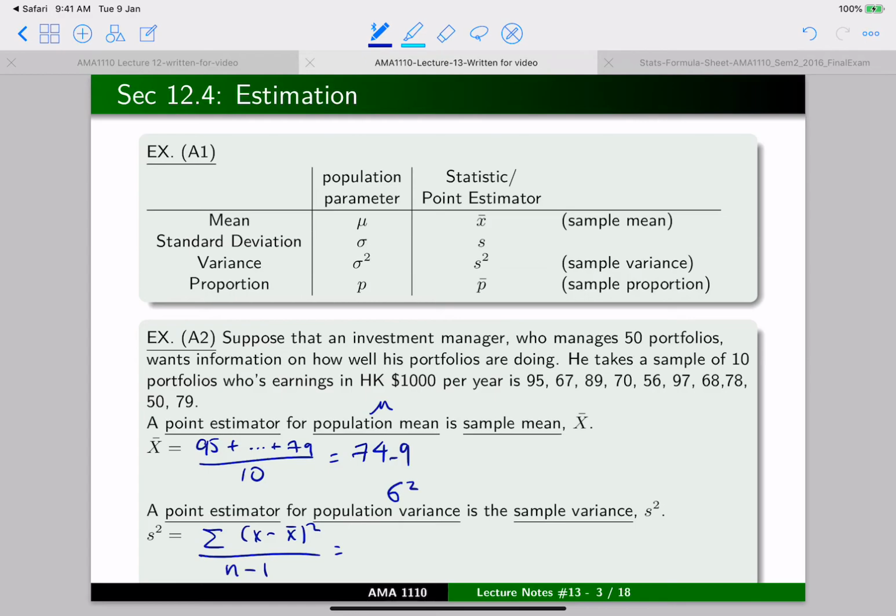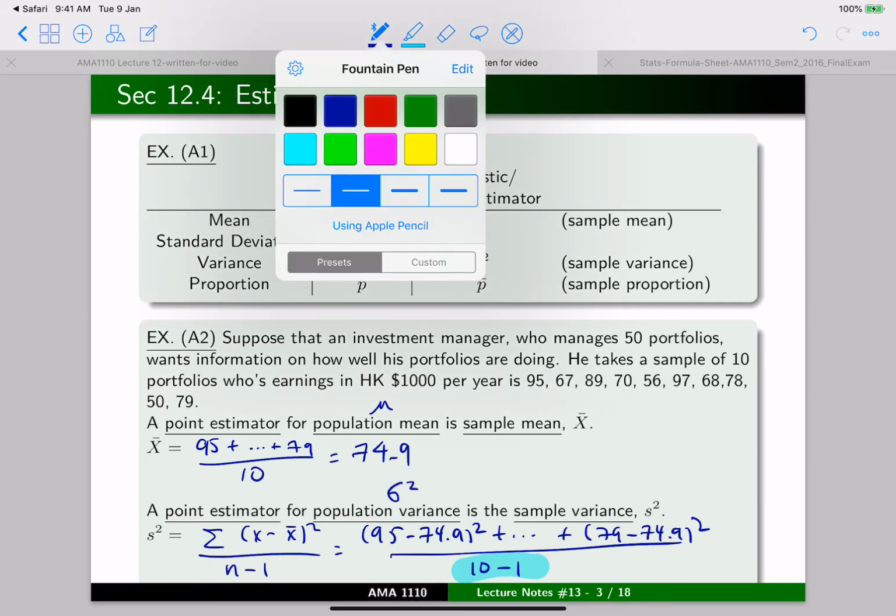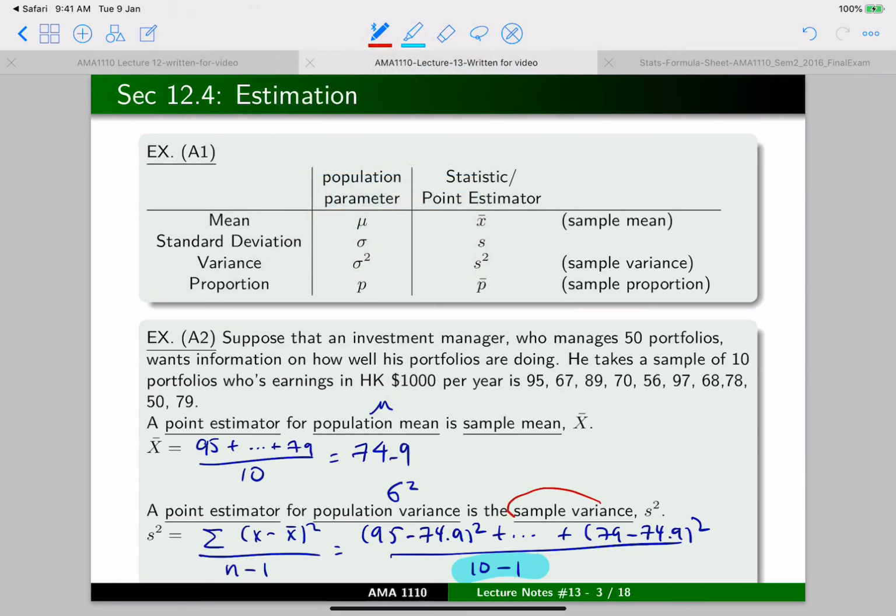In this case, it's 95 minus 74.9 squared, all the way to the last number, 79 minus 74.9 squared, divided by 10 minus 1. Remember, it's 10 minus 1. Be careful. This is the sample variance. Then the answer would be whatever it is.